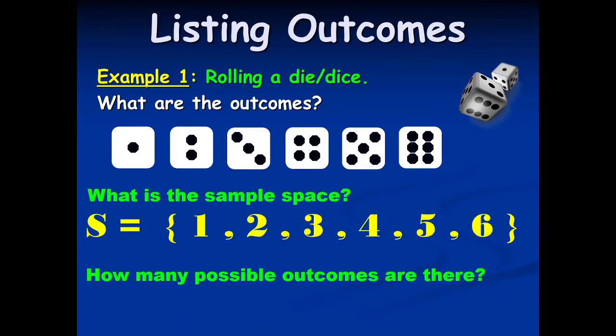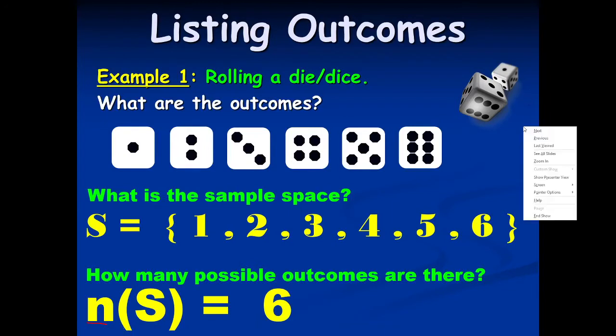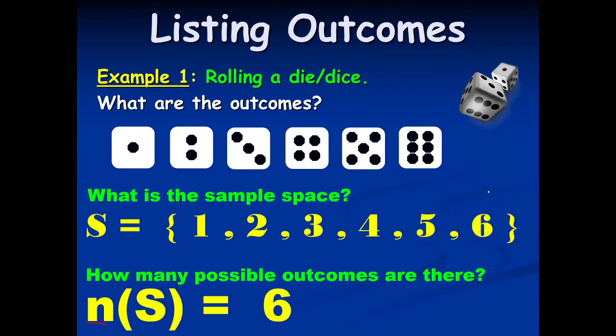So in writing that, I'll be having N, the number of outcomes, is equal to 6. And here, by the way, the letter N means the number of outcomes. Let me change the color of my pen first. Okay. So take note, the letter N here simply denotes the number of outcomes. That will be 6. Okay?